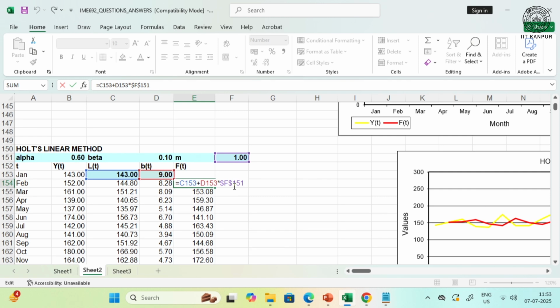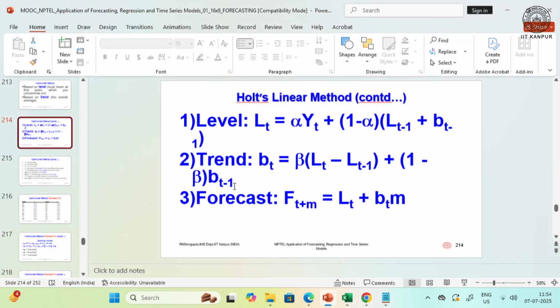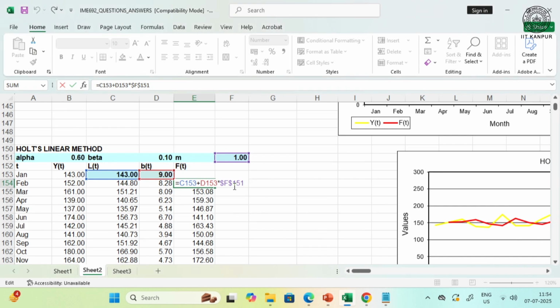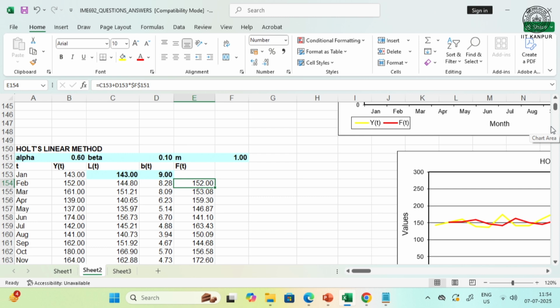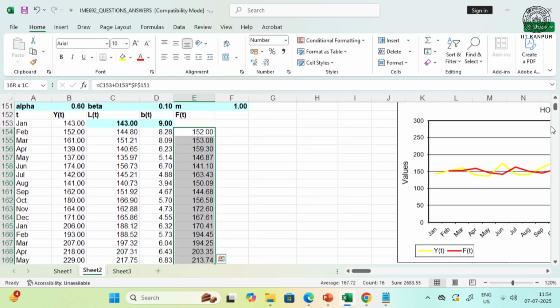LT is 143, plus the value of BT minus 1, which is 9, into the time period difference, which is 1. So, I have 152. I copy these values which I have done, and I find out the values of forecast.